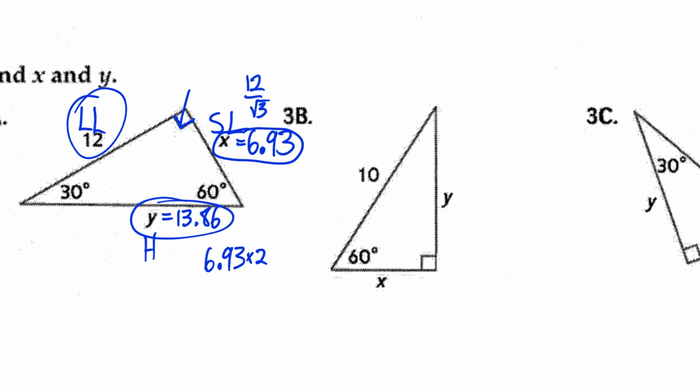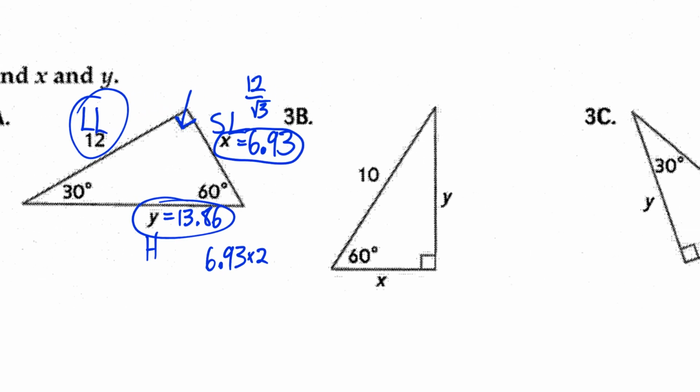Okay, next one. Which one is the H? 10. Which one's the long leg? And then the short leg is X. So on this one now I'm starting with the hypotenuse. Is 10 divided by 2. 5. Now from the short leg to the long leg.